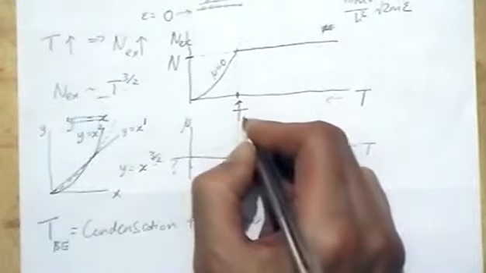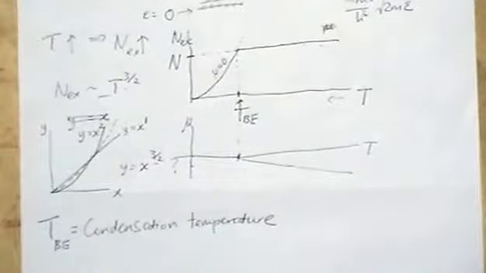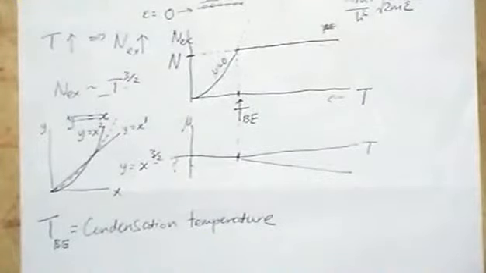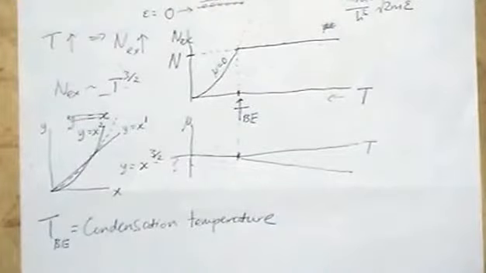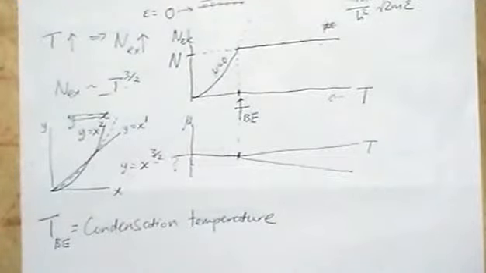So we call that TBE. It is the temperature below which particles start going into the ground state on a macroscopic scale.